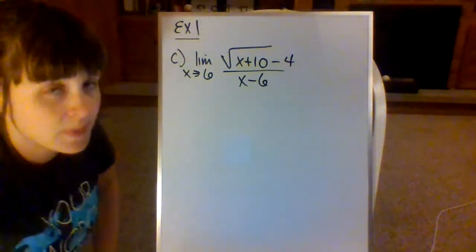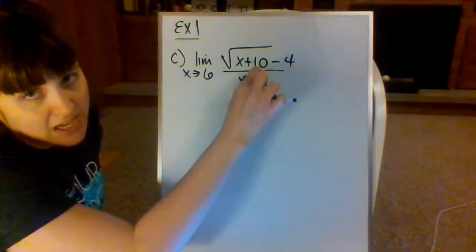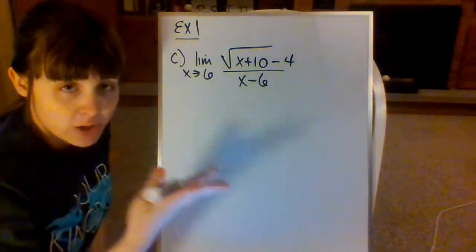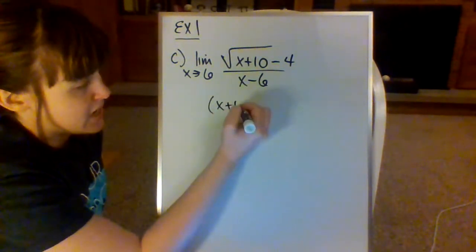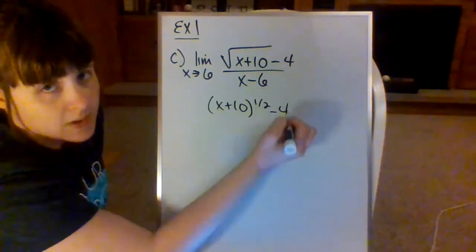Now, this part here can be rewritten as x plus 10 to the 1/2 power. I don't know if you remember that from earlier this year, but you can rewrite the square root as x plus 10 to the 1/2 power.